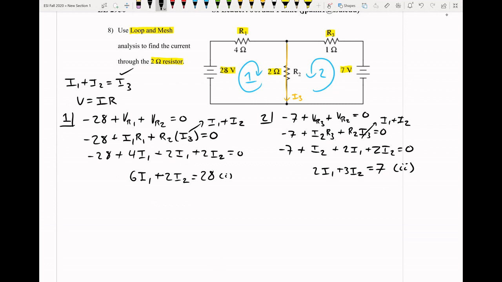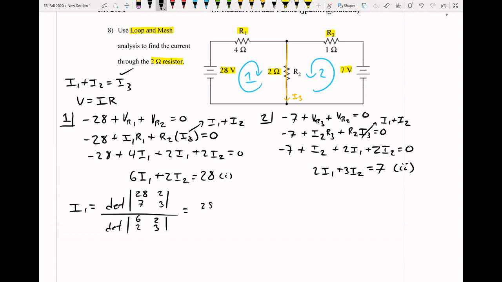So I will use Cramer's rule. You can use plug and chug if you want. It's up to you. I will use the Cramer's rule just for the people who want to see it. So determinant, this is going to be 28, 7, 2, and 3, over determinant 6, 2, 2, and 3.